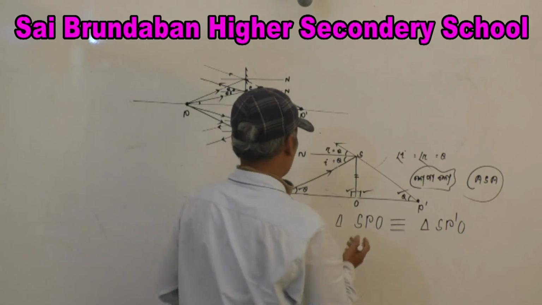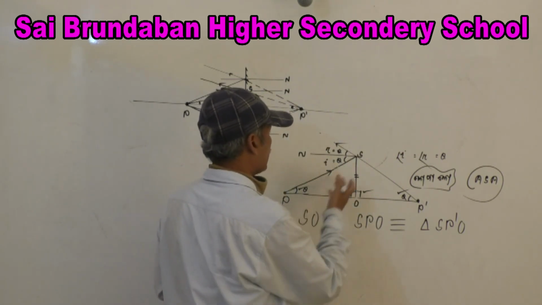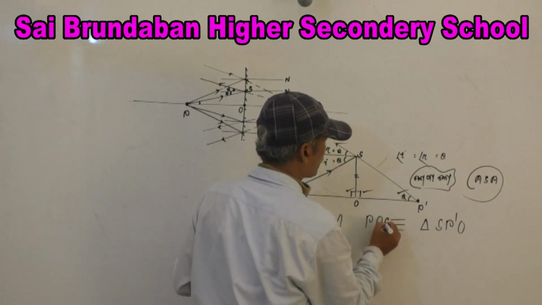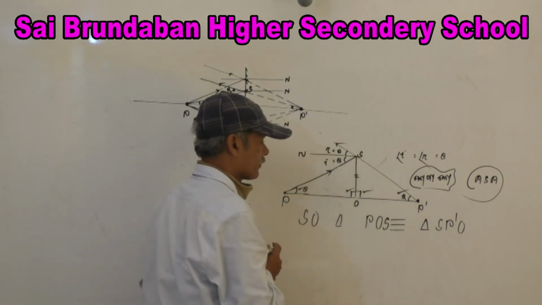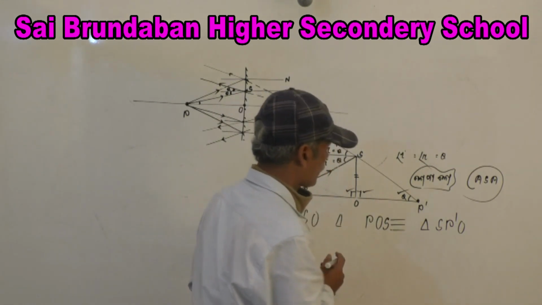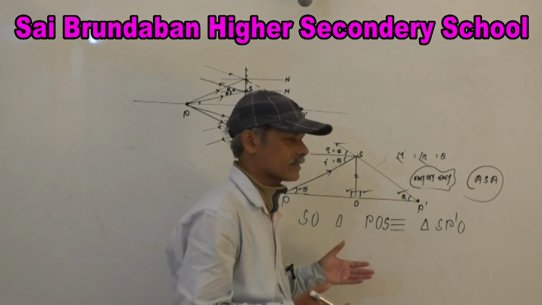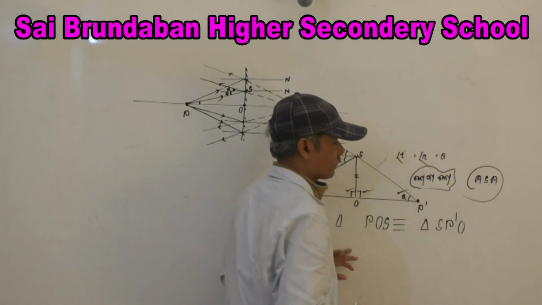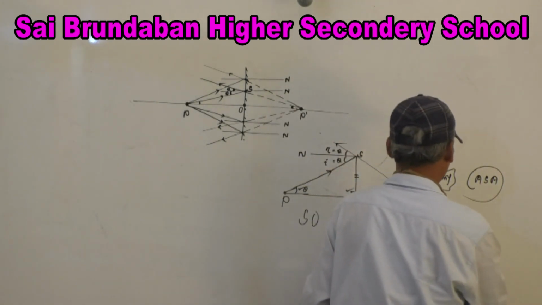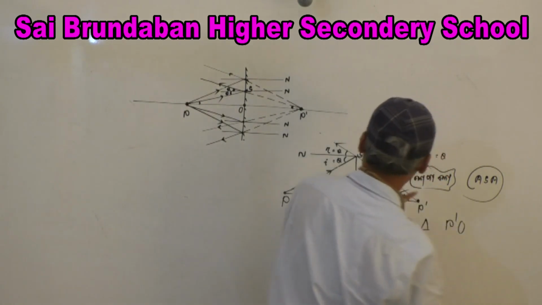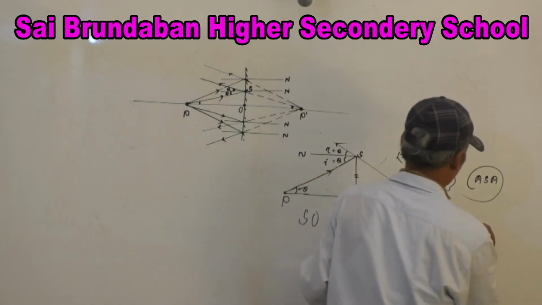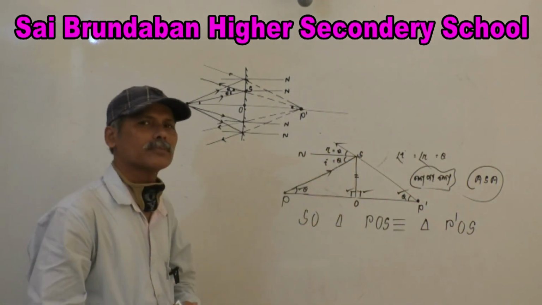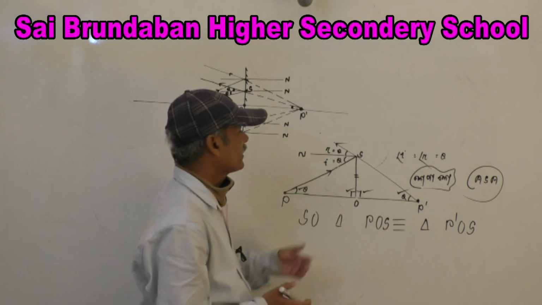So you can tell now triangle SPO, or you may write POS. POS is congruent to triangle P dash OS. So now it is very clear that these two are hypotenuse.